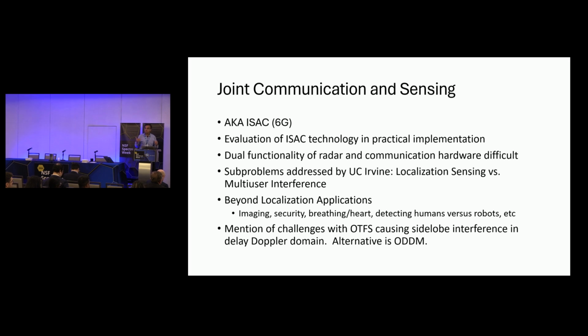Very interesting, because there was also a discussion about whether you should even be doing this, because the requirements for communication are very different from the requirements for doing radar. Radar signals are very high dynamic range, very low throughput. Communication signals are completely opposite, high throughput. And so building a system that can do both is not easy. You're going to make compromises. You're going to have a system that's not good for either unless you can rethink.